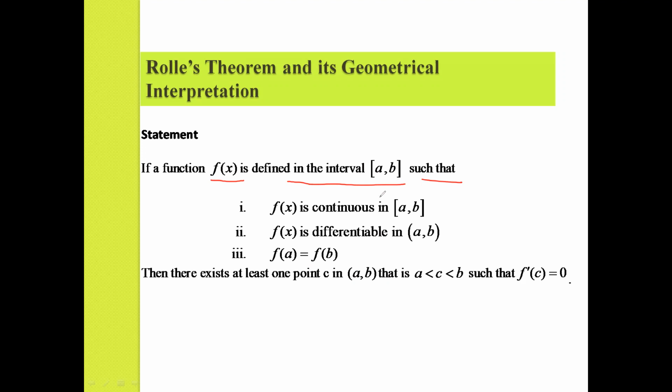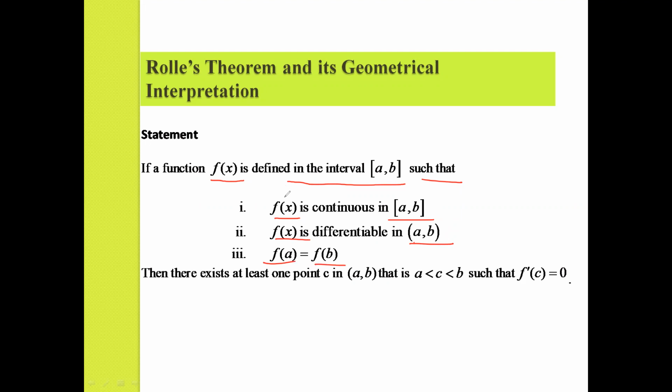The first condition: the function should be continuous over the interval a comma b, and the interval should be closed. The second: the function should be differentiable over the interval a b, and the interval should be open. And the third condition of Rolle's theorem is f of a equal to f of b.